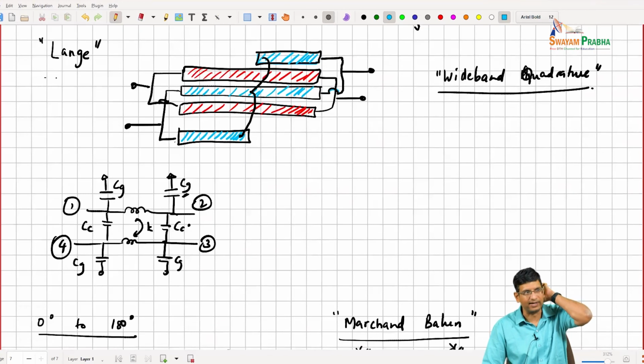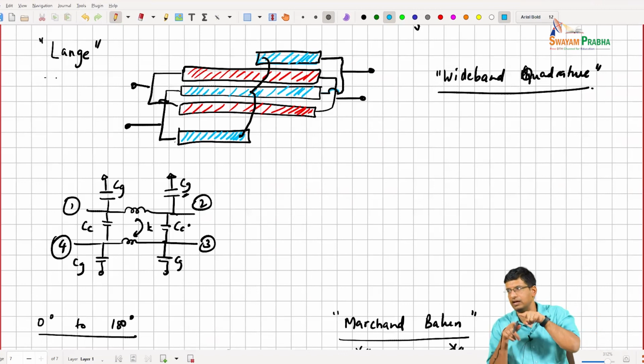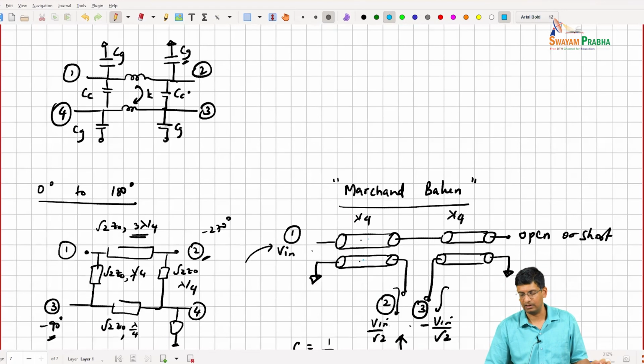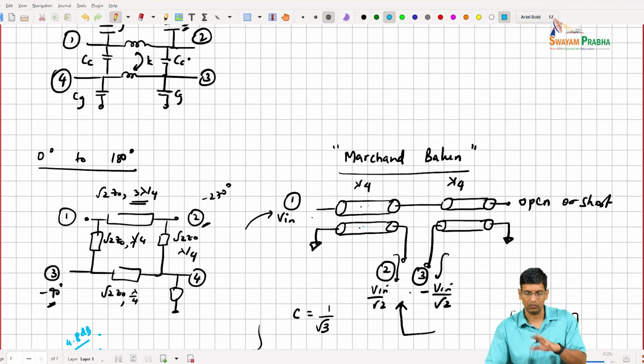That's not quite right. The L changes between even and odd mode because of the direction of current flow being the same and the opposite. So there is a slight change in L. So usually you get an initial design, but then you have to tinker with it a little bit to make sure that you're getting the right impedances in even and odd mode, and getting the right coupling ratio.